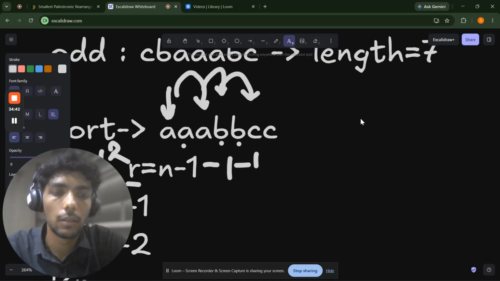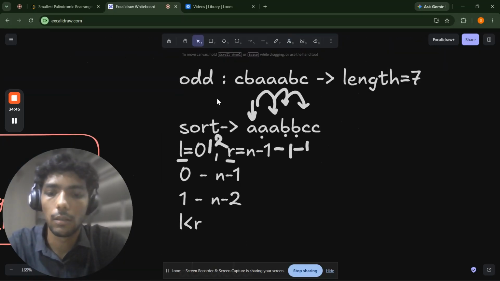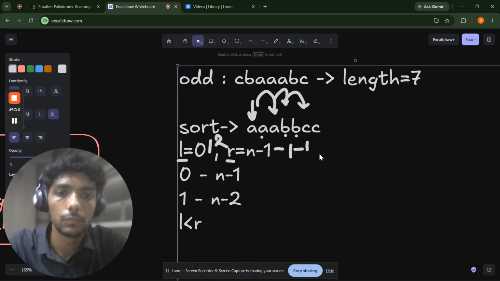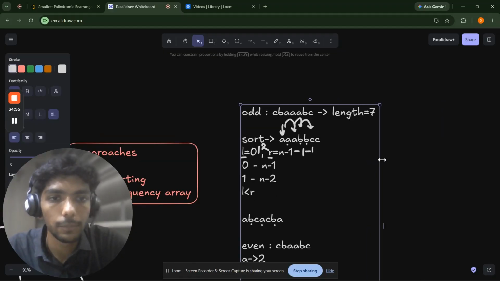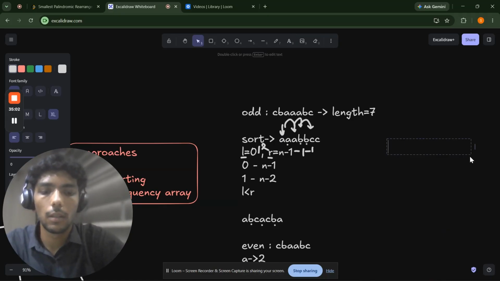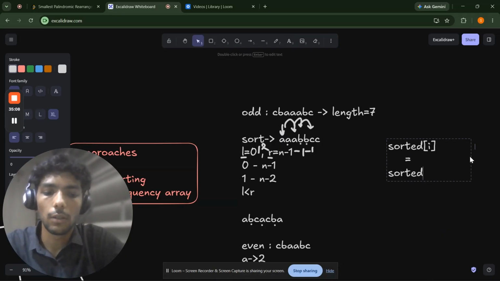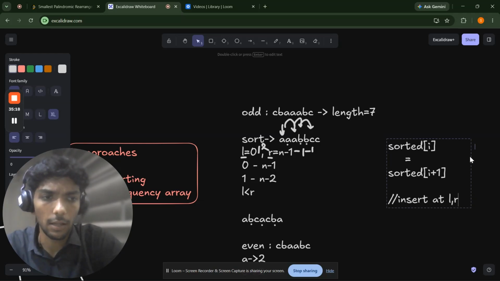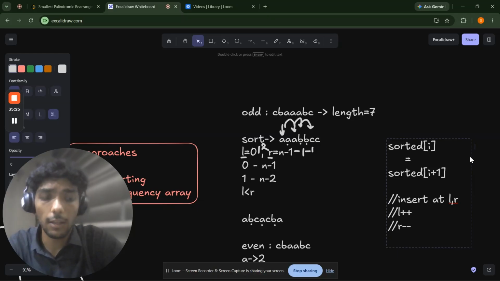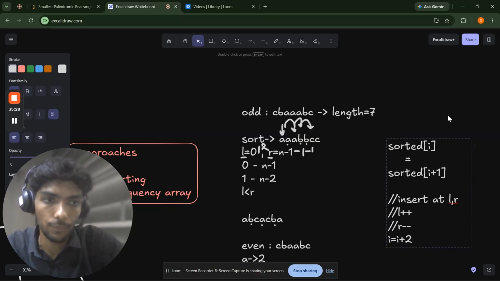When sorted I equals sorted I plus 1, insert at L and R, L plus plus, R minus minus, and I equals I plus 2.